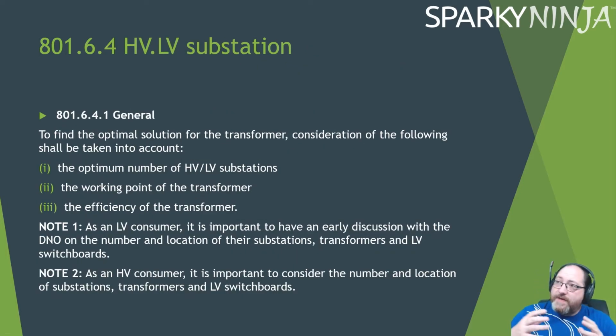The HV-LV substation. To find the optimal solution for the transformer, consideration of the following will be taken: the number of substations, the working point of a transformer, and the efficiency of a transformer. We've also got, again, most of this might be done by the actual building company.